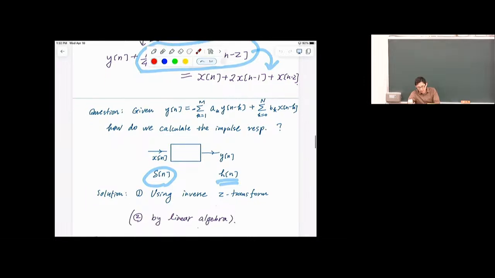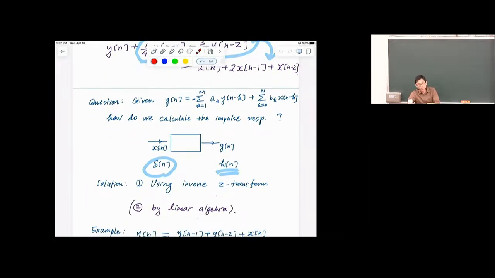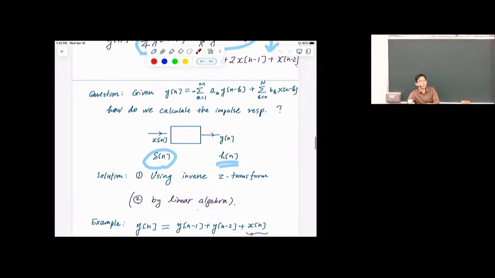And then the last time when we met, we asked this other question. We asked that when we are given any arbitrary difference equation and write it in this way, okay, with y[n] being the only term to the left, everything else to the right, can we calculate the impulse response by hand?